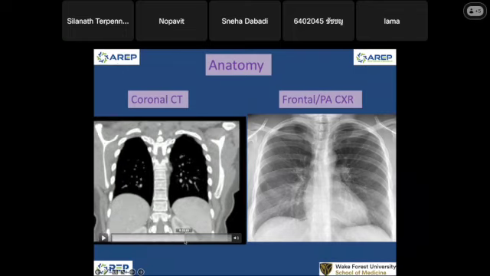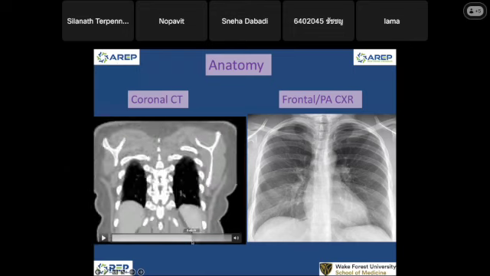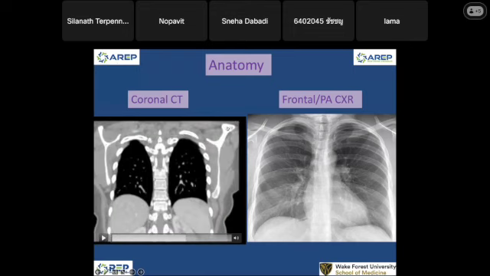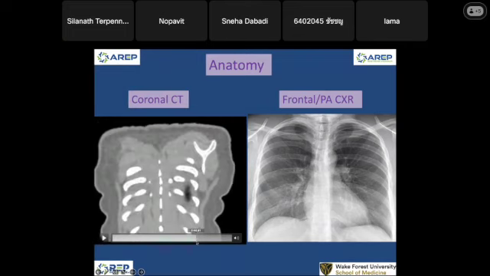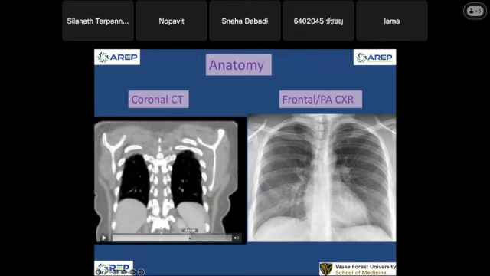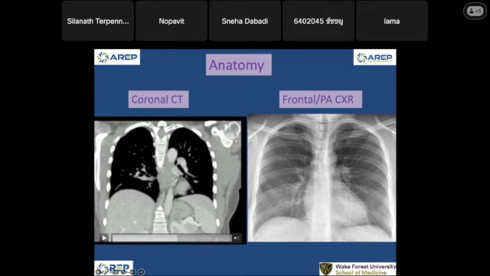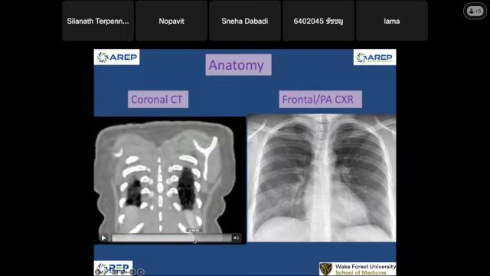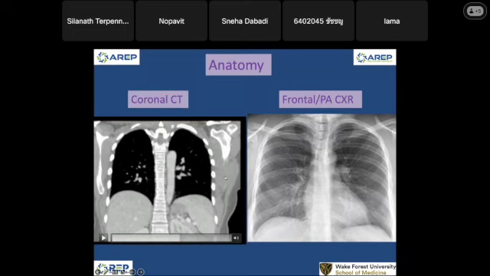Okay, and you see your scapula here, and your glenoid fossa, and then the humeral head. Right and left are the same. Okay, and you see all of these scapular muscles, the rotator cuff muscles, here as well.